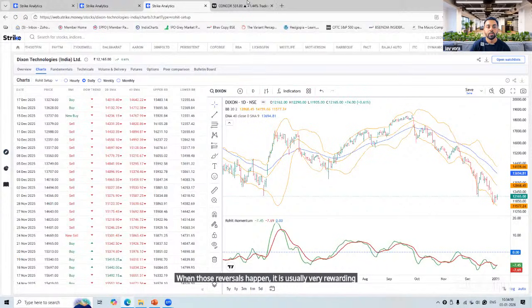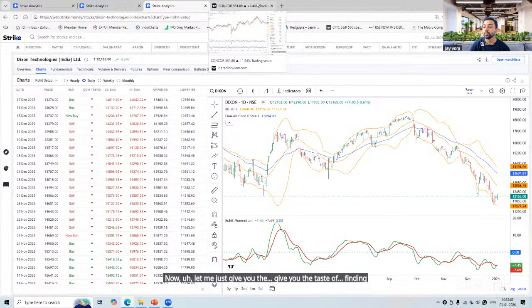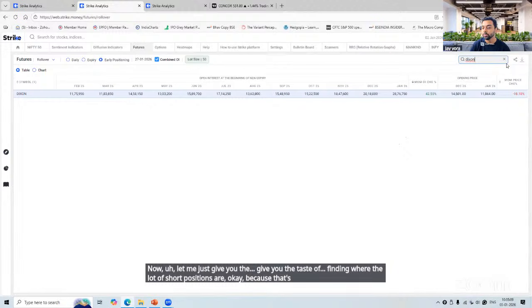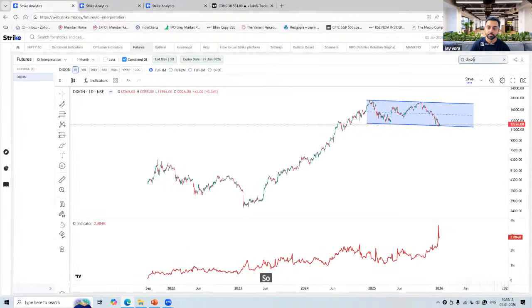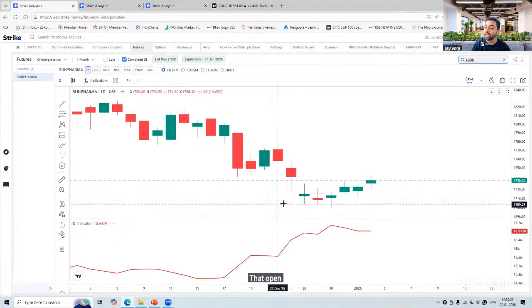Now let me just give you a taste of finding where a lot of short positions are, because that's when I told you that you end up making good money. Also, while you're trying to spot where the big shorts are, you also need to understand that open interest can go to any levels.